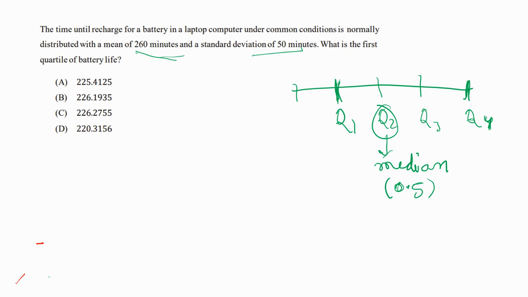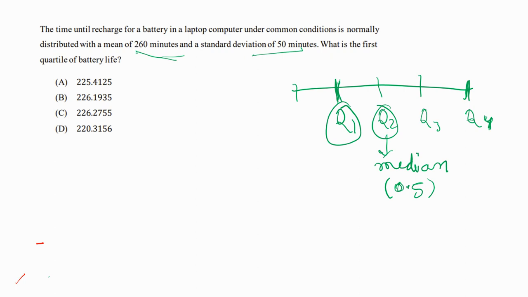So quartile means we are dividing the region into four parts. So first quartile, second quartile, third quartile, fourth quartile. If you divide it into 100, it will be percentile. So it will be 90 percentile, 95 percentile, and that is what we use in significance and all. So this is the use of quartile.